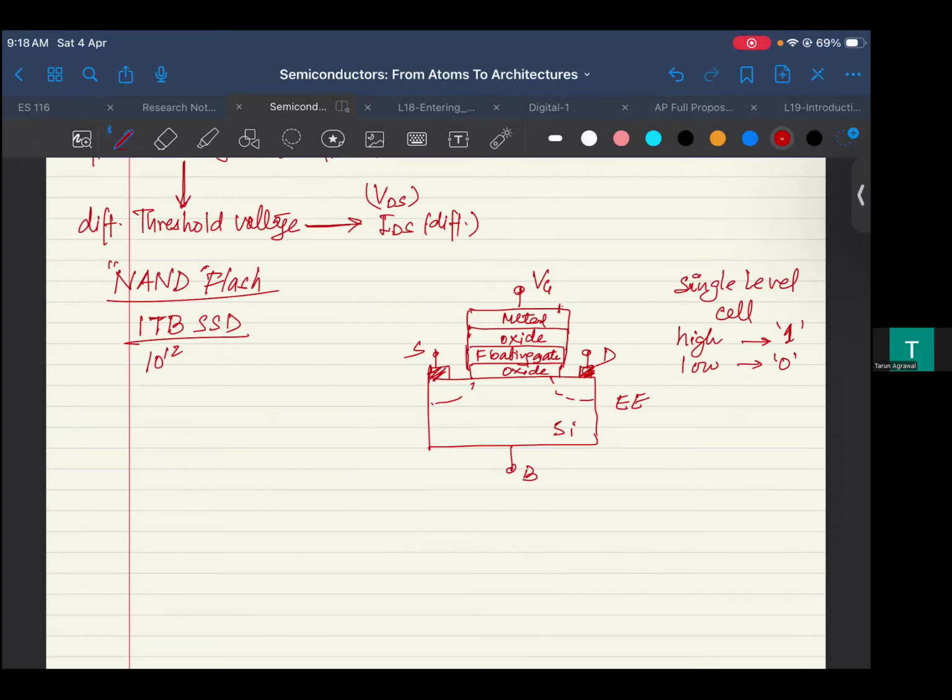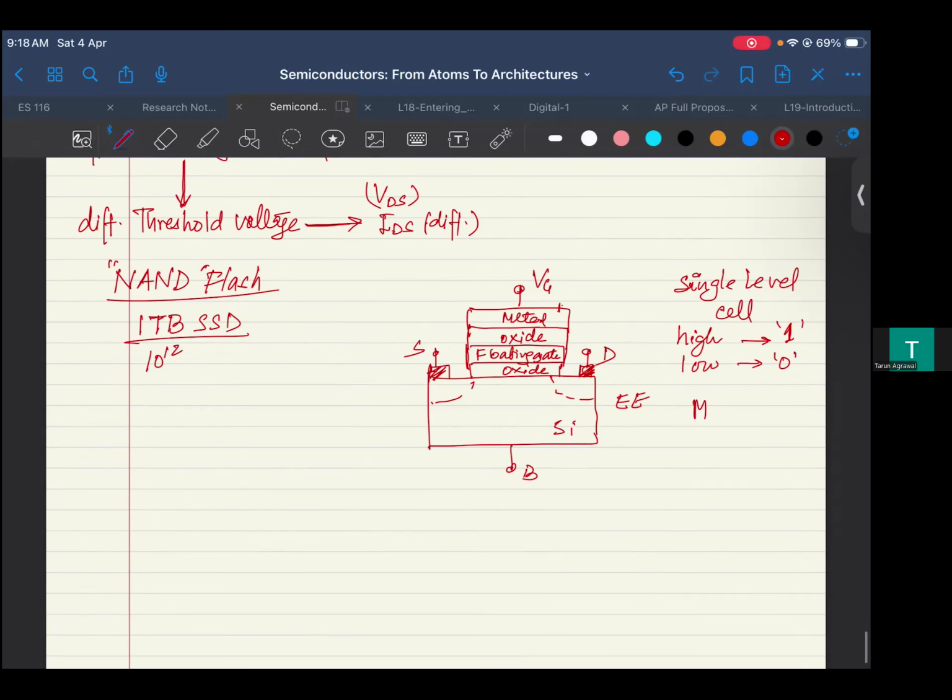Suppose you had a capability where you could differentiate different amounts of charge based on the current. Every iota of charge, if you can differentiate it, then this is the multi-level cell, where, for example, we could make 2 bits, 1 1.